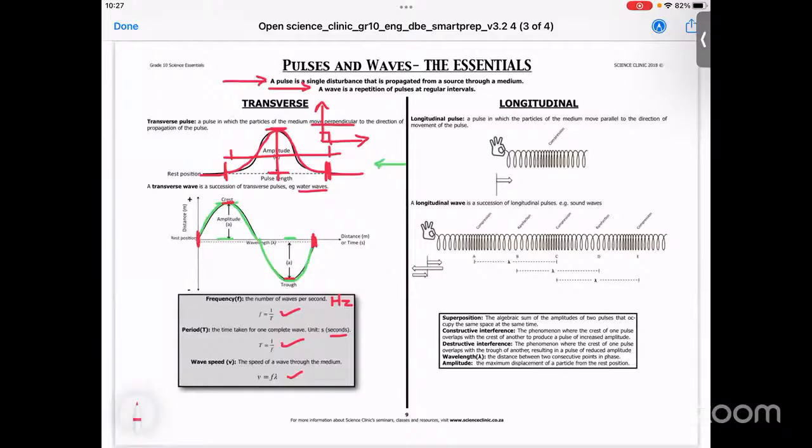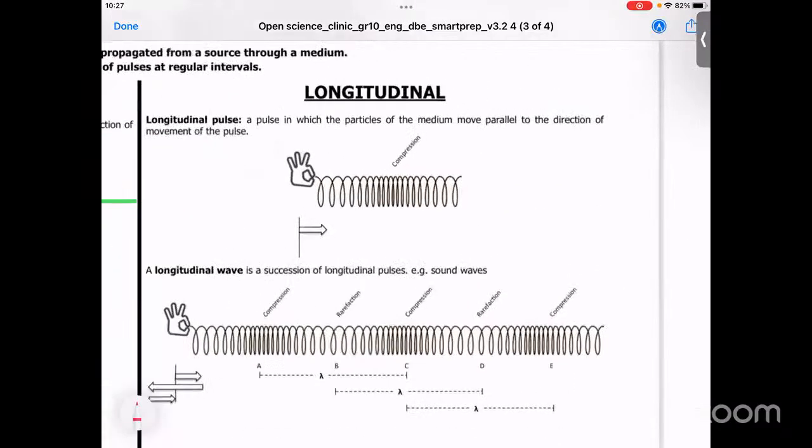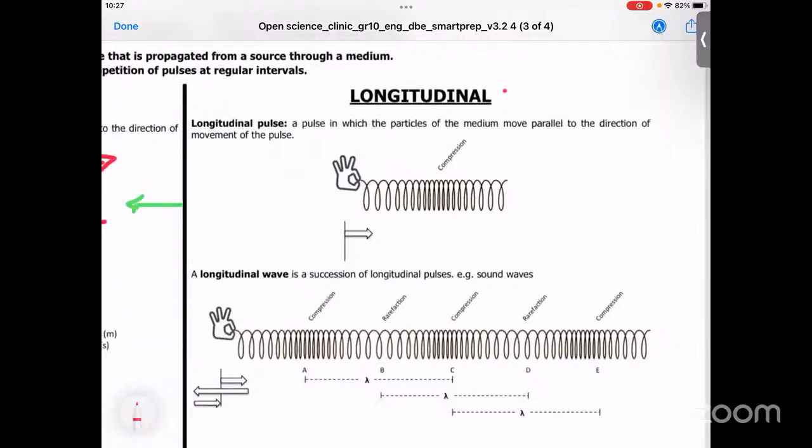Now, when it comes to the longitudinal, a longitudinal pulse is a pulse in which the particles of the medium move parallel to the direction of the movement of the pulse. If the movement is towards the right, the particles also move towards the right.